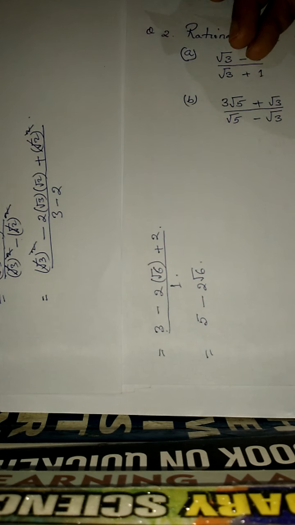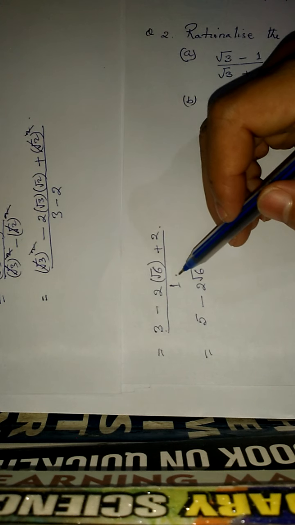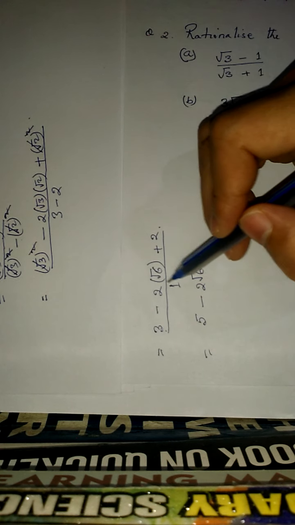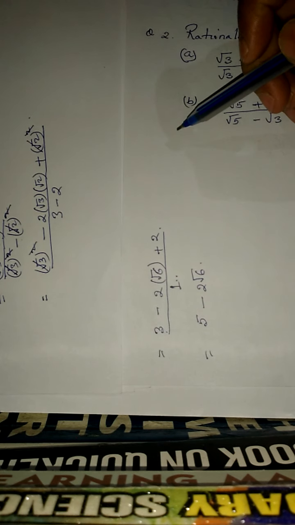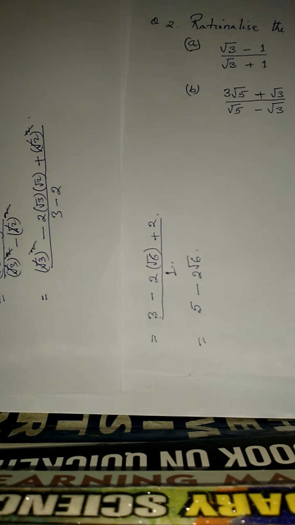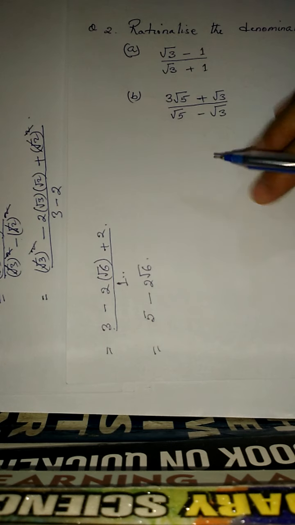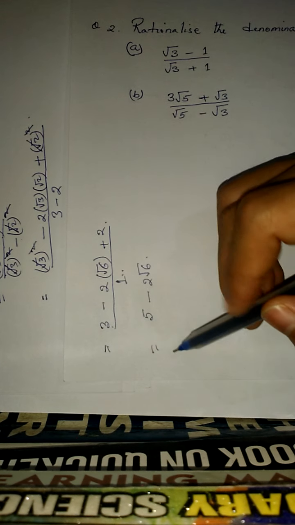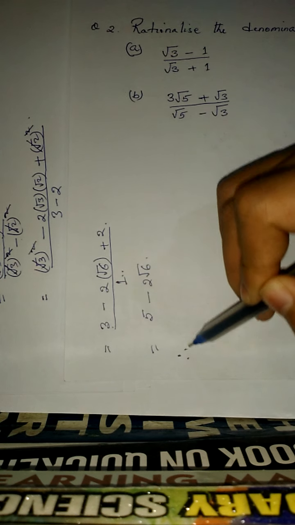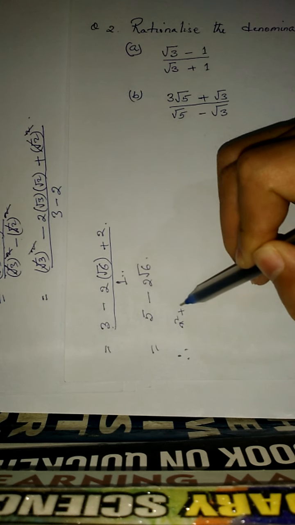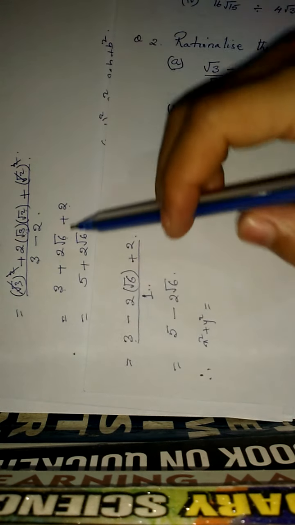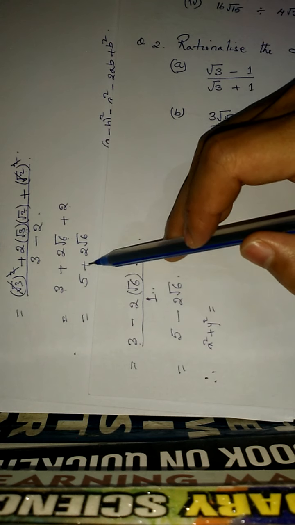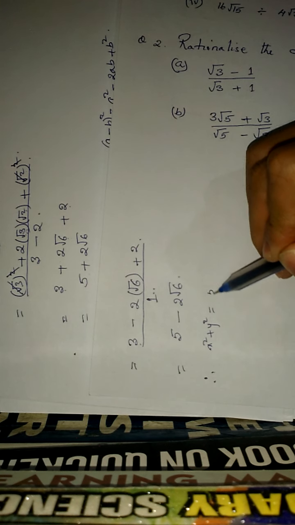Therefore, x square plus y square, where the x value is 5 plus 2 root 6, squared, plus the y value 5 minus 2 root 6, squared. Okay, this is the y value.